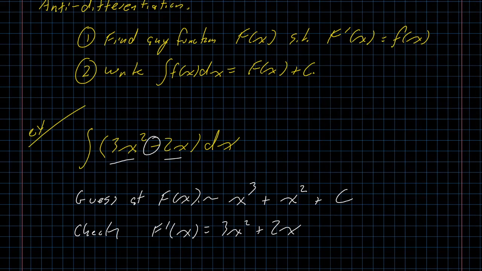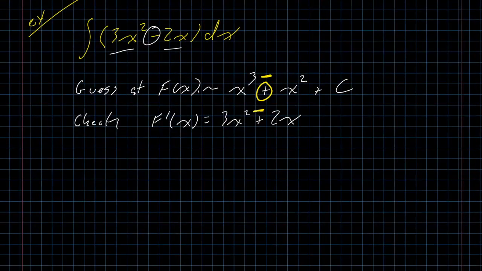Specifically, I need that minus that I've already circled when I was talking about the fact that there's two terms. I need that to be a minus. I ended up with a plus. All right, so if I want that to be a minus, well, that was this plus sign. So let's try making that a minus instead. My second guess is that F of x is x cubed minus x squared plus c.